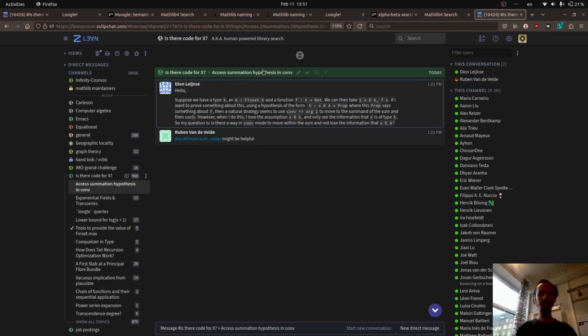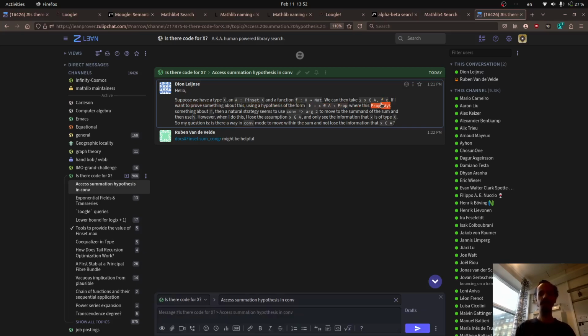So someone's wondering how to use some information about a sum. When you have a sum over some set and you want to rewrite inside this function f, but you want to know that it's inside the set, because otherwise it doesn't matter what is going on here.